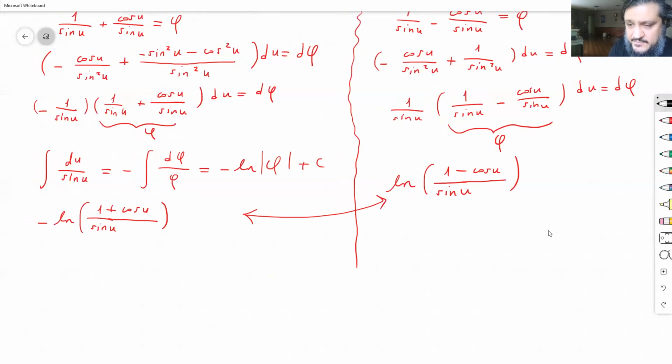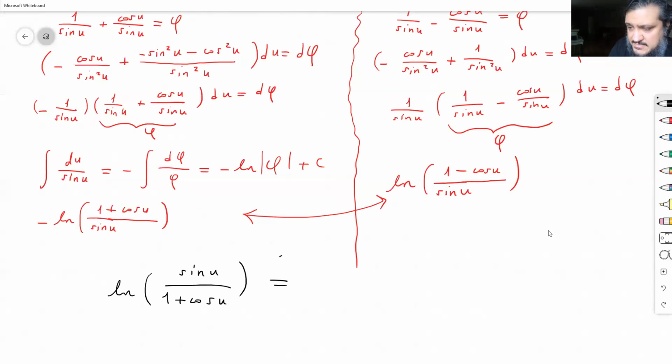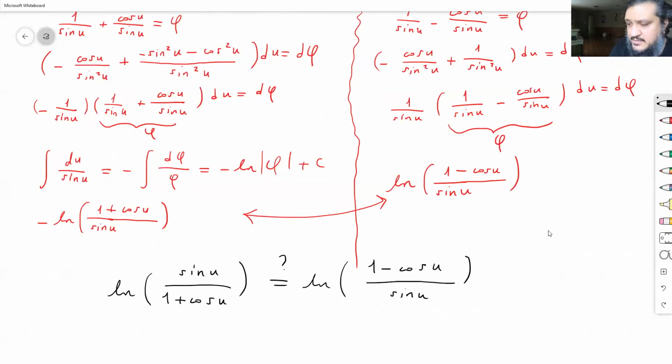Carry this negative to the exponent here. So this will be equal to ln of sine u divided by 1 plus cosine u. Is that equal to 1 minus cosine u over sine u?